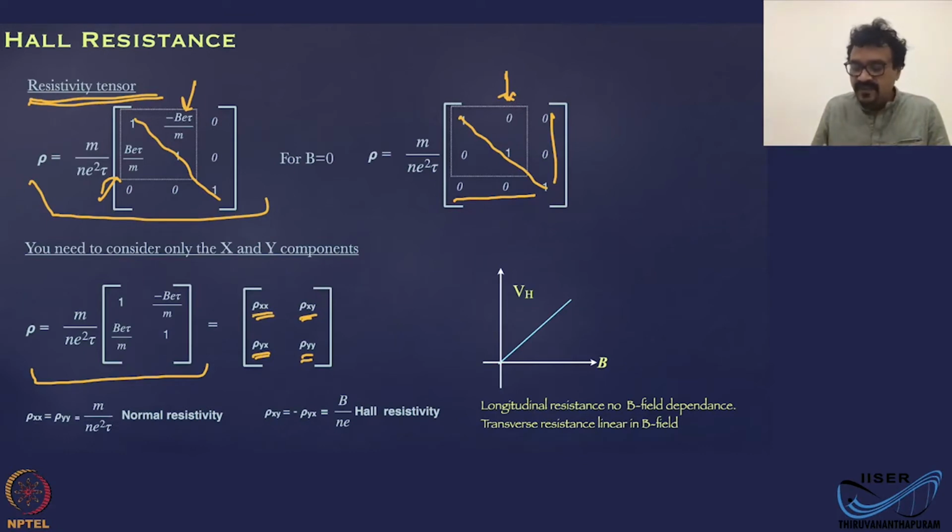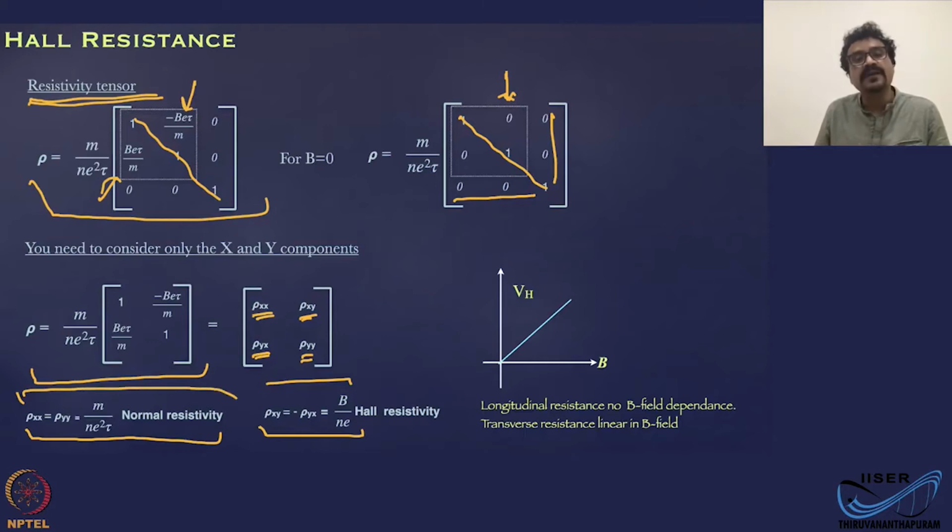These rho xy and rho yx, the off-diagonal components, involve the magnetic field, and the diagonal components are your normal resistivity, which is equivalent to your Ohm's law derivation using the classical Drude theorem.